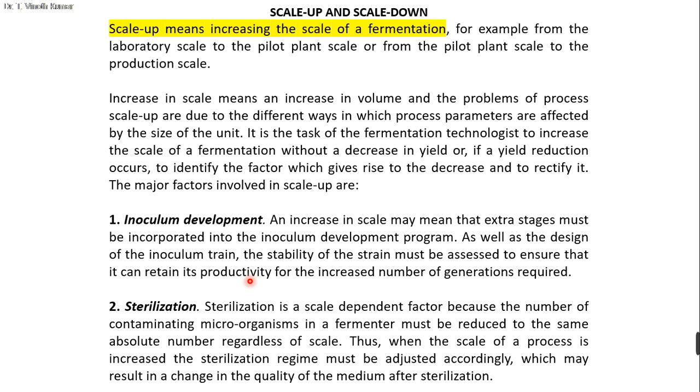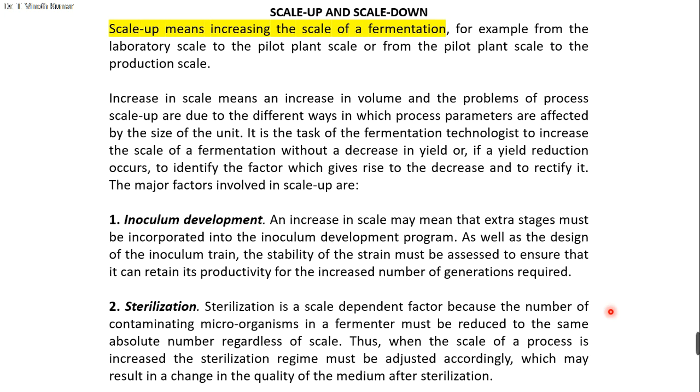And the second parameter, sterilization. Sterilization is a scale dependent factor. If you have a 1 liter fermenter, sterilization is very easy because you can put the whole fermenter or bioreactor into the autoclave and sterilize it. But a 1000 liter fermenter is a huge machine, and it has to be sterilized by steam sterilization only.